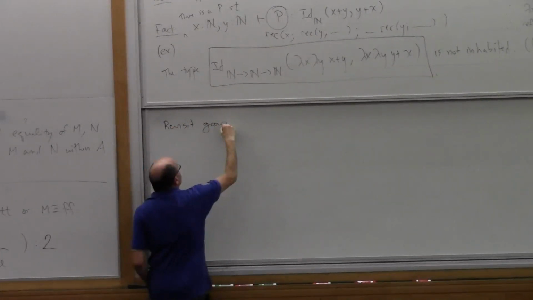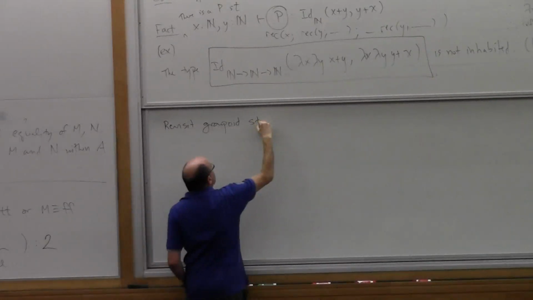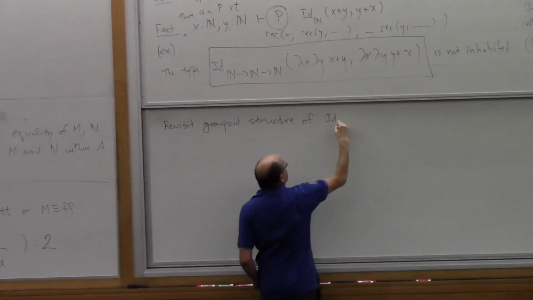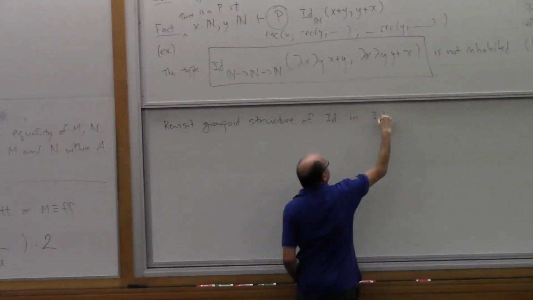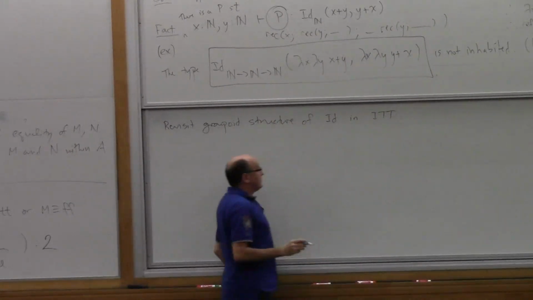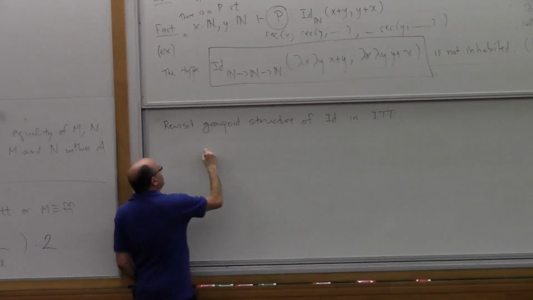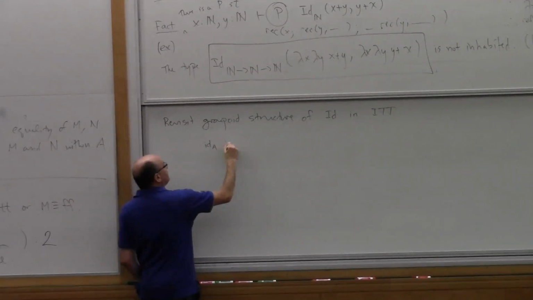The groupoid structure of identity types in ITT. Let's look at it. We'll go back to the first thing in ITT. So what I said to you before is that we have identity or reflexivity.